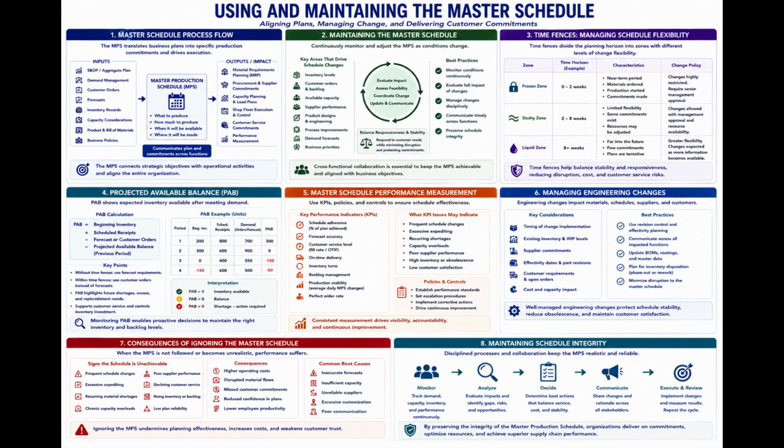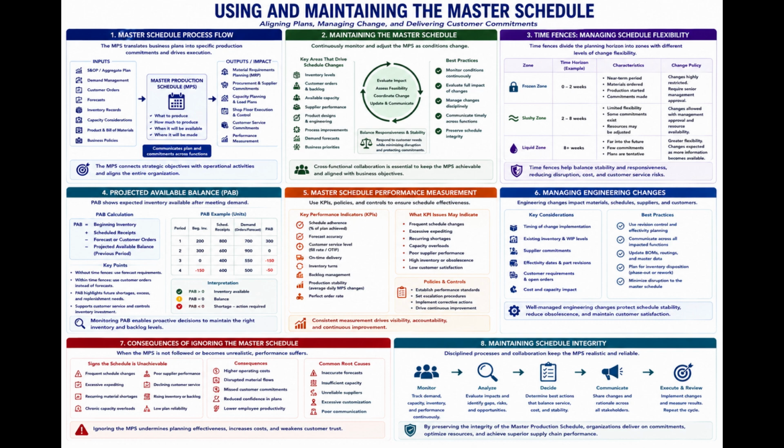Engineering changes present unique challenges for master schedule maintenance because modifications to products, components, or processes often affect inventory, procurement activities, production schedules, and customer commitments. Effective implementation requires evaluating engineering change timing, existing inventory levels, supplier commitments, work-in-process inventory, and customer requirements.